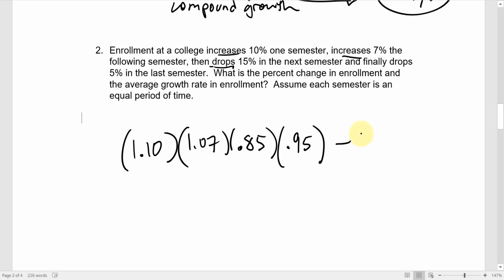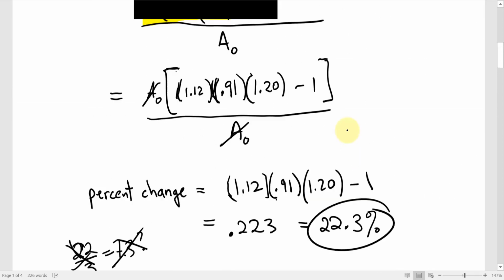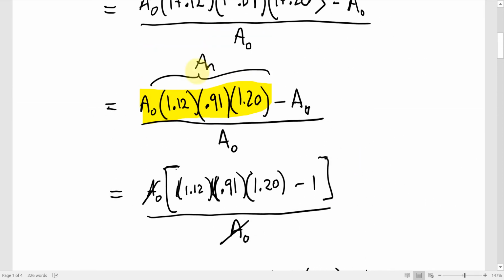Now what I'm doing here is subtracting 1, because that is essentially the overall procedure for getting these percent changes: take the future amount minus the initial amount, divide by the initial amount, where we're not even given the initial amount, it would cancel out. You're basically just getting all of these compound growth and loss factors, and then minus 1 to get the overall percent change.